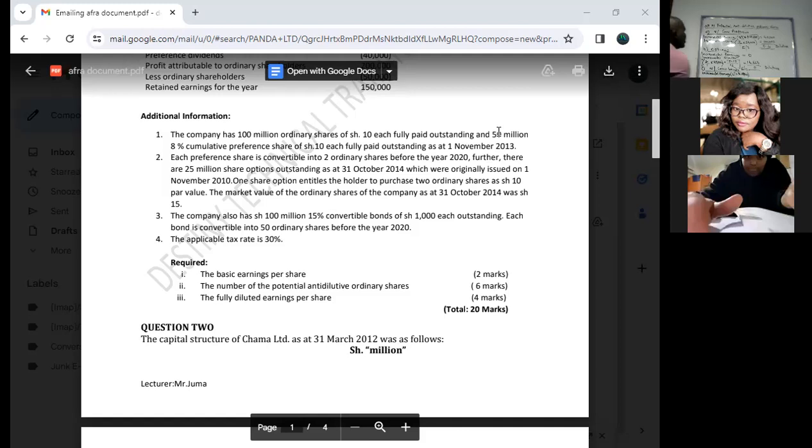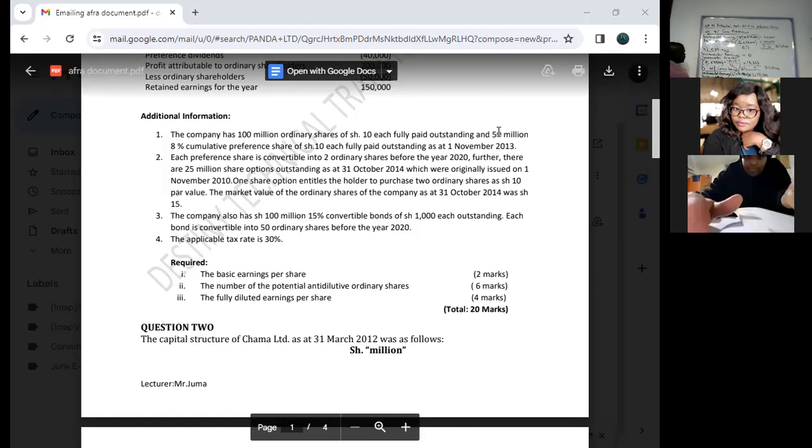Then times 0.7. Remember interest: you have to consider tax for interest. So 15,000 times 0.7, what do you get? 10,500. Incremental shares.